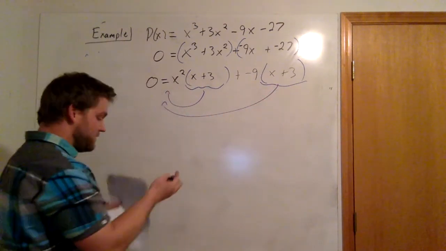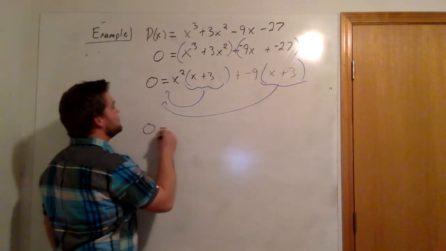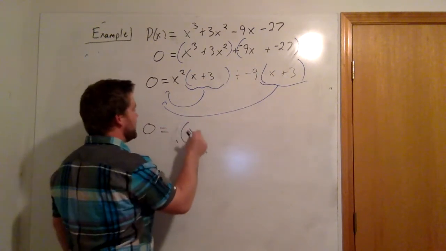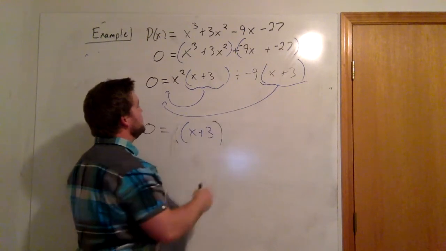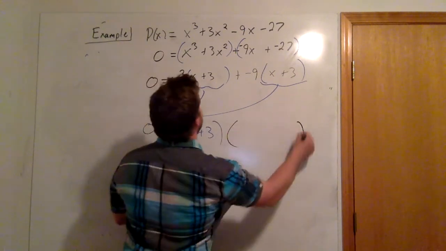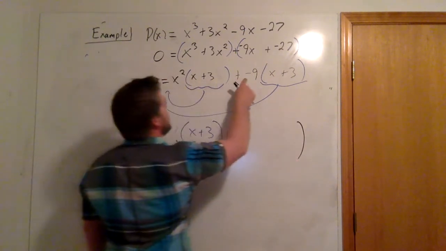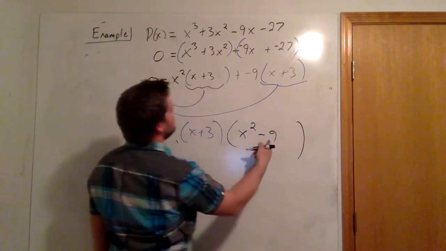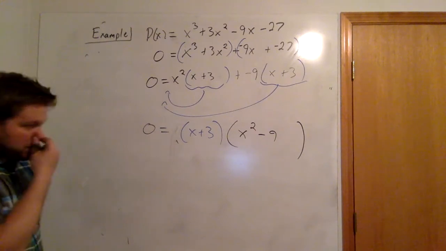We're going to get that 0 is equal to, I'll write it in blue, x plus 3 times, what am I going to be left with? The x squared minus 9, or you could put plus negative 9 if you like.